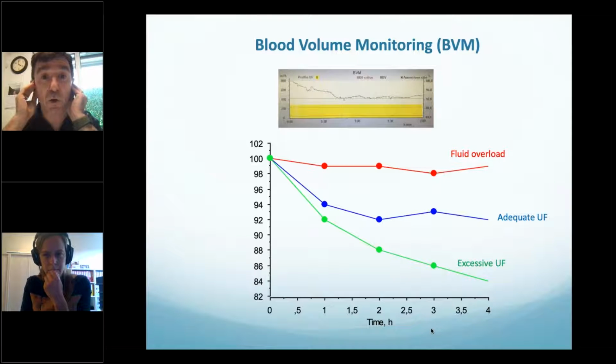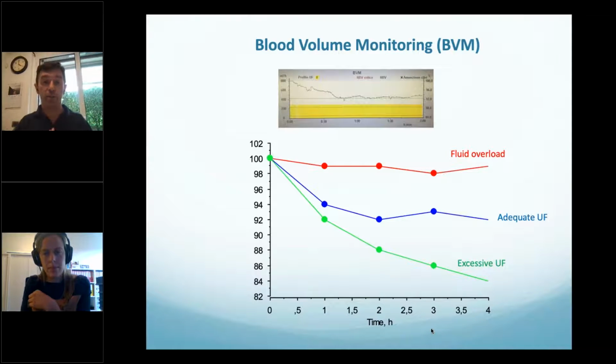And if the blood volume decreases too fast, this means that the ultrafiltration rate is excessive, even if the patient is completely asymptomatic. And we need to reduce the ultrafiltration rate.